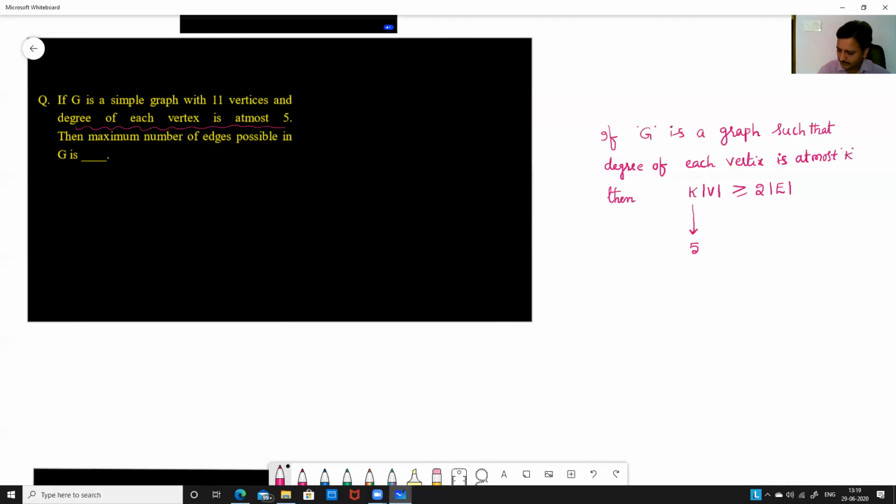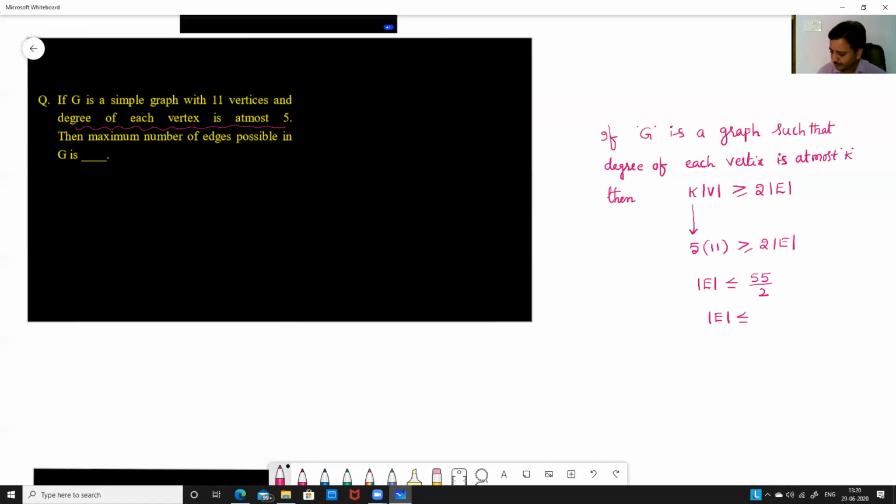Therefore, this value equals 55, which is greater than or equal to 2 times the number of edges. Which implies the number of edges must be less than or equal to 55 by 2.